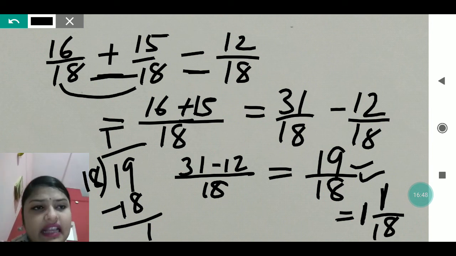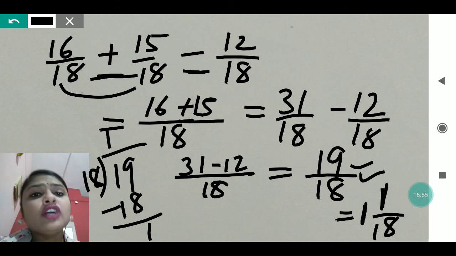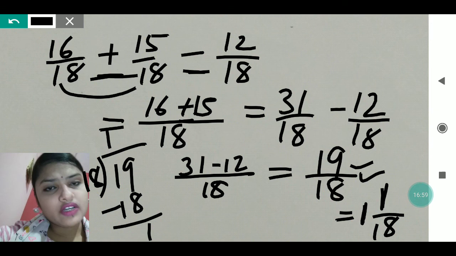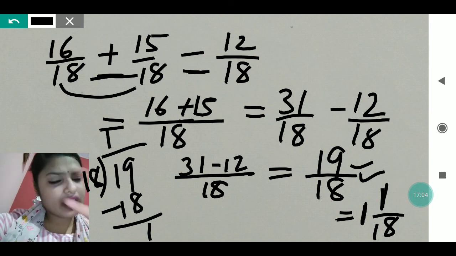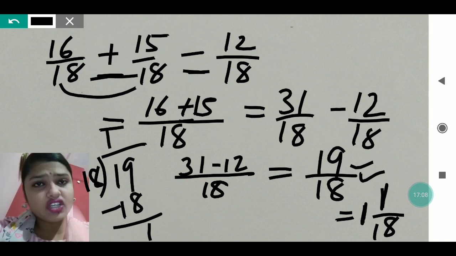So this is the answer. Either you can keep 19 by 18, or you can write 1 and 1 by 18. This is how we convert if the numbers are given in mixed fractions. First we have to convert them into like fractions by doing the prime factorization of the numbers.